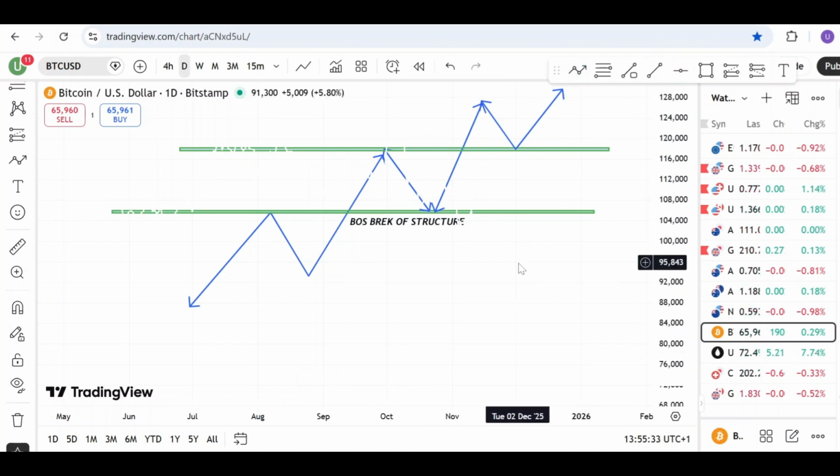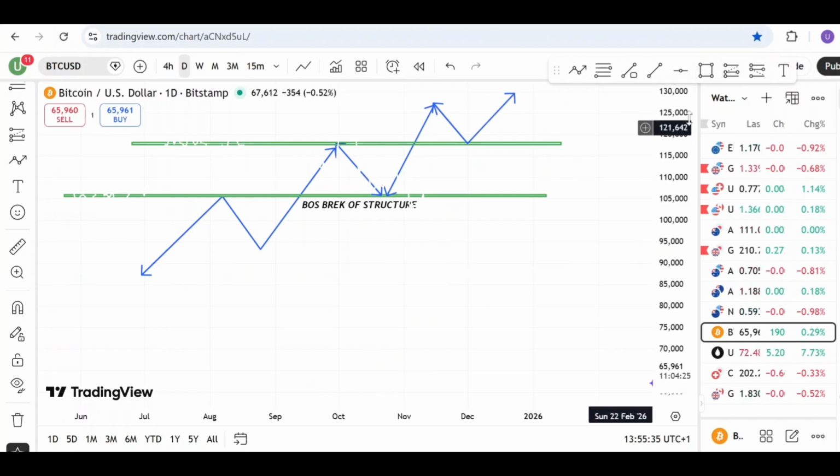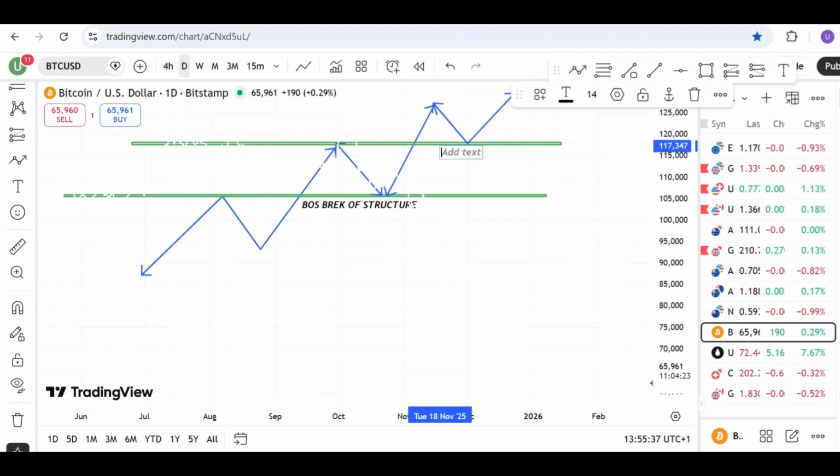Still here we are in an uptrend market. You see, this is break of structure again, break of structure.